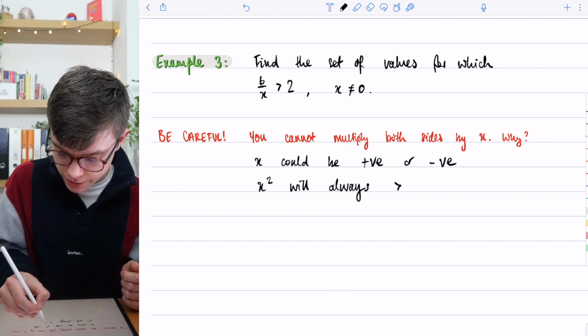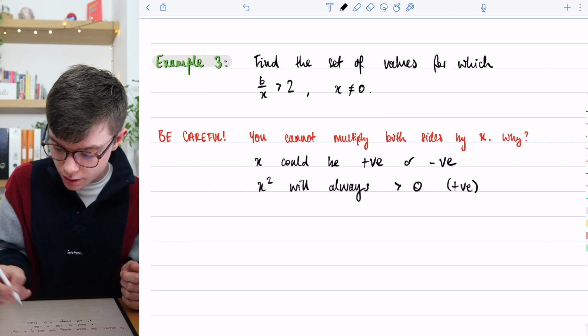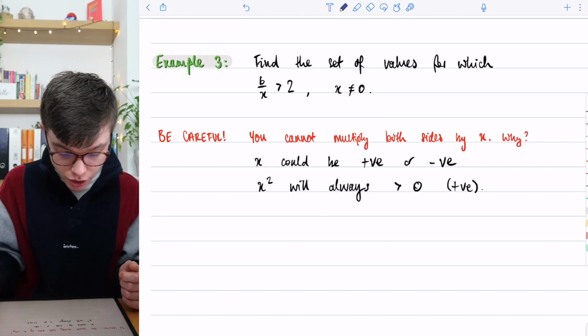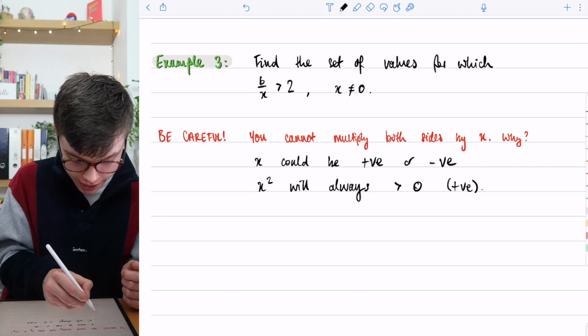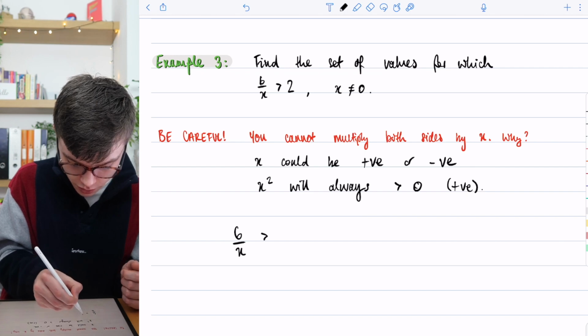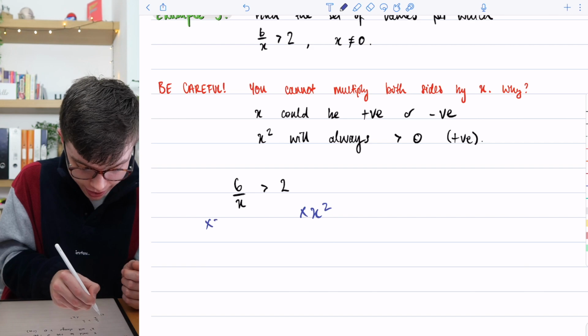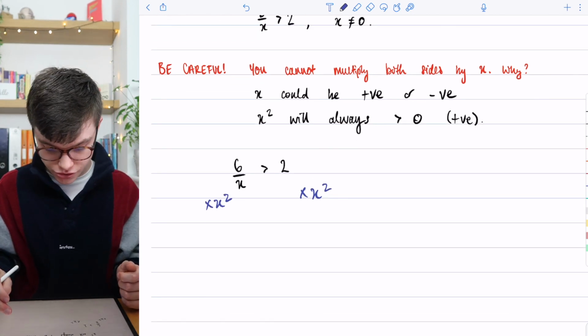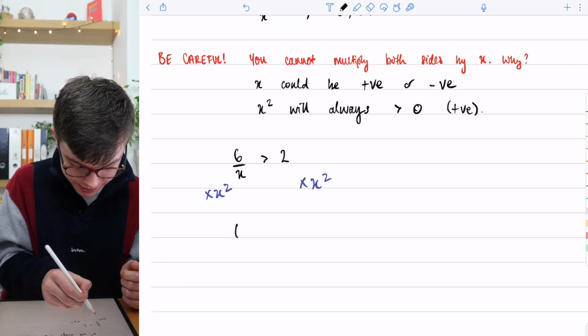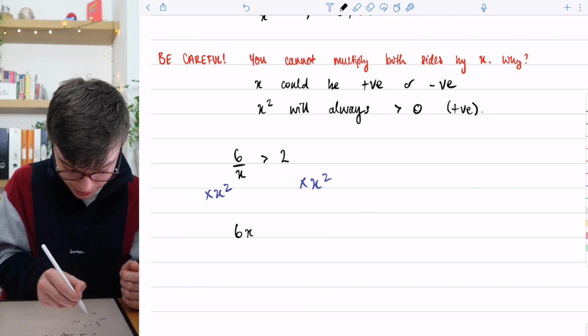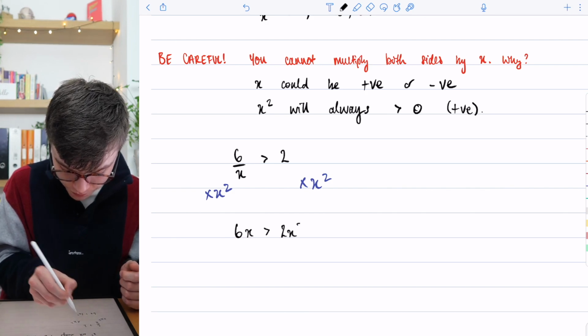So it's always going to be greater than 0, in other words, positive. So the first thing I'm going to do is take my inequality and multiply both sides by x squared. When we do that, I'm going to get 6x is greater than 2x squared.